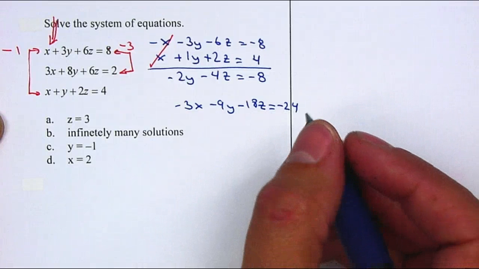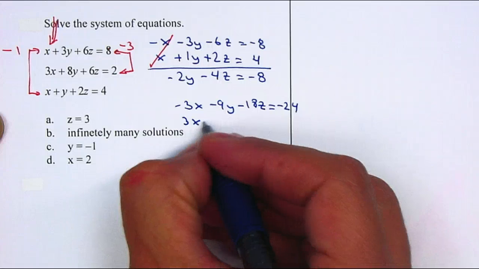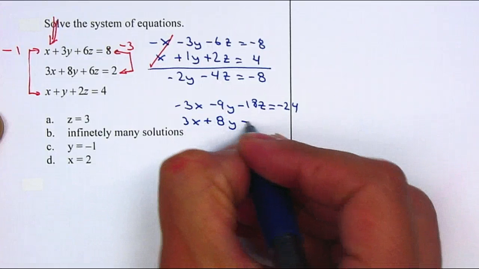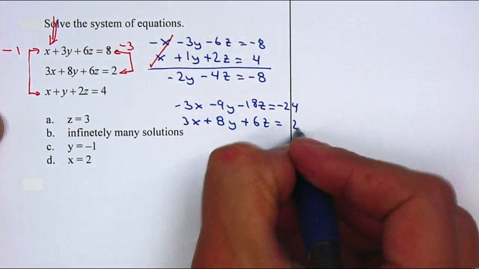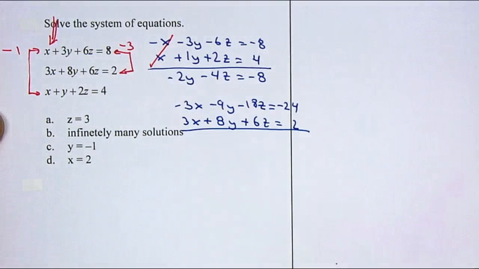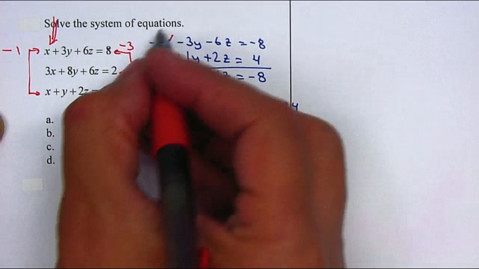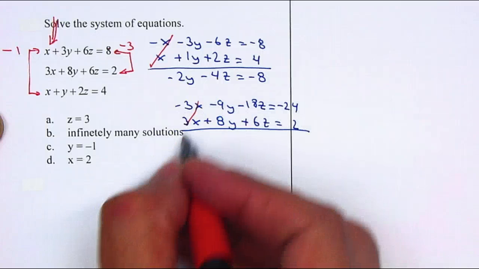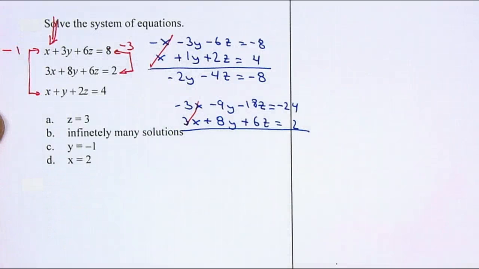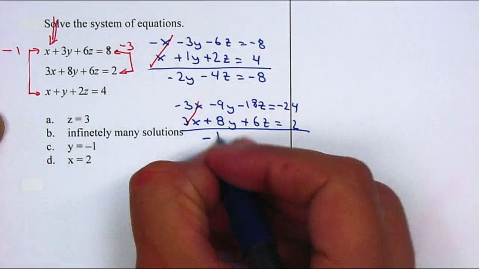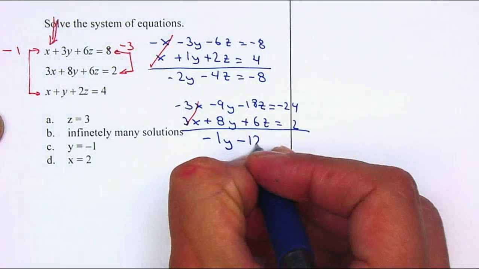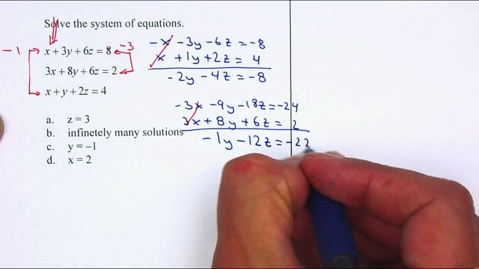The second equation will remain exactly the same. And I'm going to cancel the x's. Remember, if you cancel the x's first, you want to cancel the x's once again. And I'll get a -1y minus 12z is equal to -22.